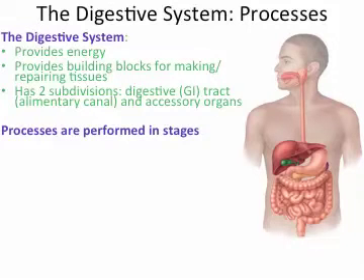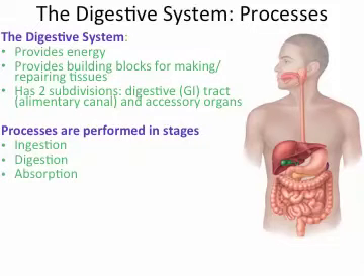These processes of the digestive system are performed in stages. So the first stage is when you ingest something. That means you take it into your mouth. And then once it's in the GI tract, whatever you ate gets digested. There's mechanical and chemical digestion. And then when you've mechanically and chemically digested the food that you ate into the smallest possible monomeric forms, then you can absorb it across the GI tract wall.